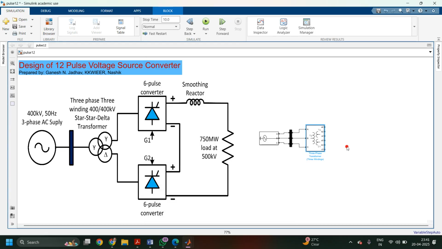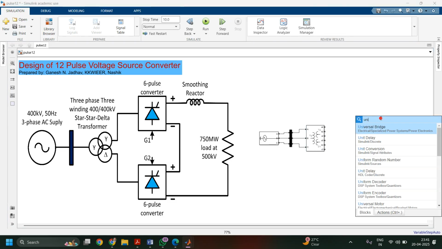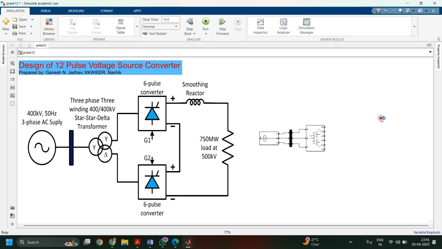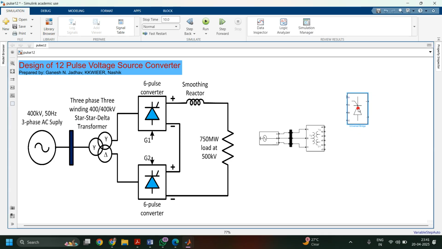Okay. Now we want the universal bridge. So take the block of universal bridge. In this universal bridge, first connect the output of the star connected secondary winding, A2, B2, C2, to ABC of the bridge connected inverter.